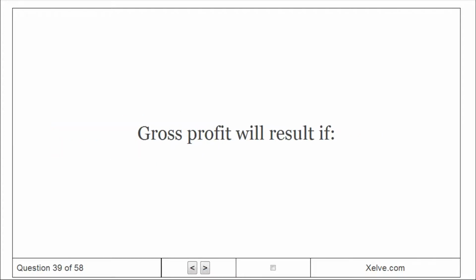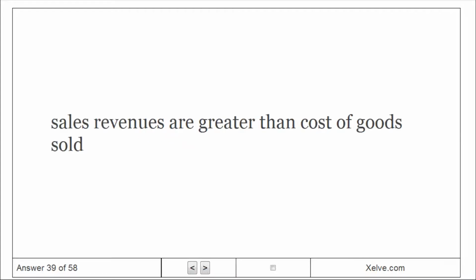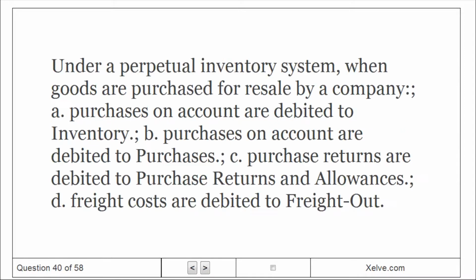Gross profit will result if sales revenues are greater than cost of goods sold. Under a perpetual inventory system, when goods are purchased for resale by a company, A. Purchases on account are debited to inventory.